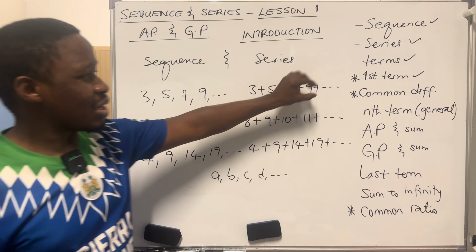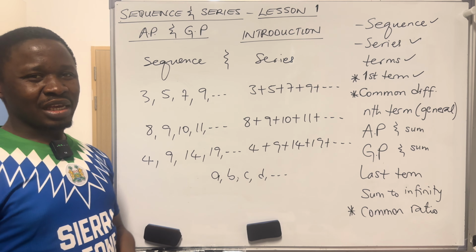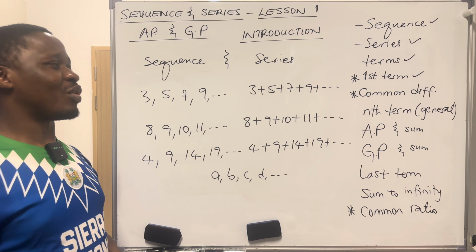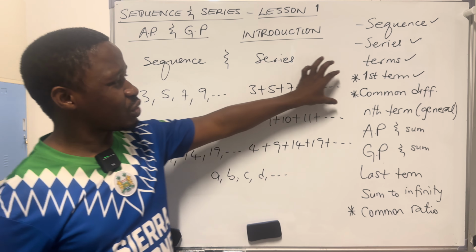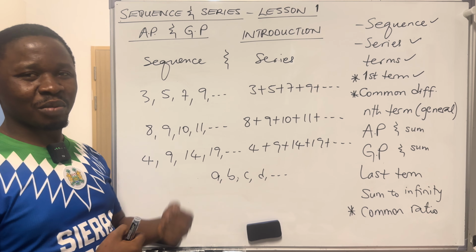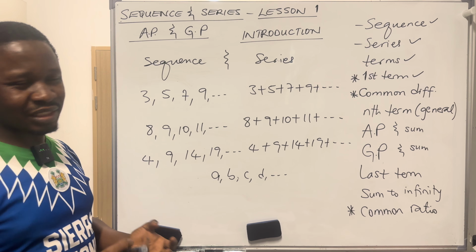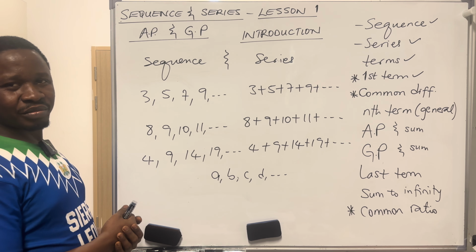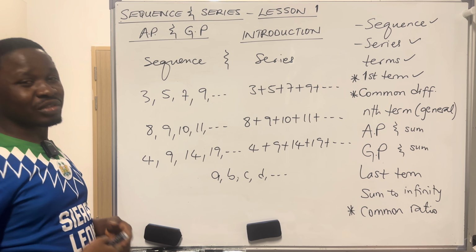Once we say first term, it's not that we are waiting to come and discuss second term, third term, or the 20th term. No. We are particular because these ones have special letters that we can use to represent them. First term, as the word implies, is the first one among the terms.